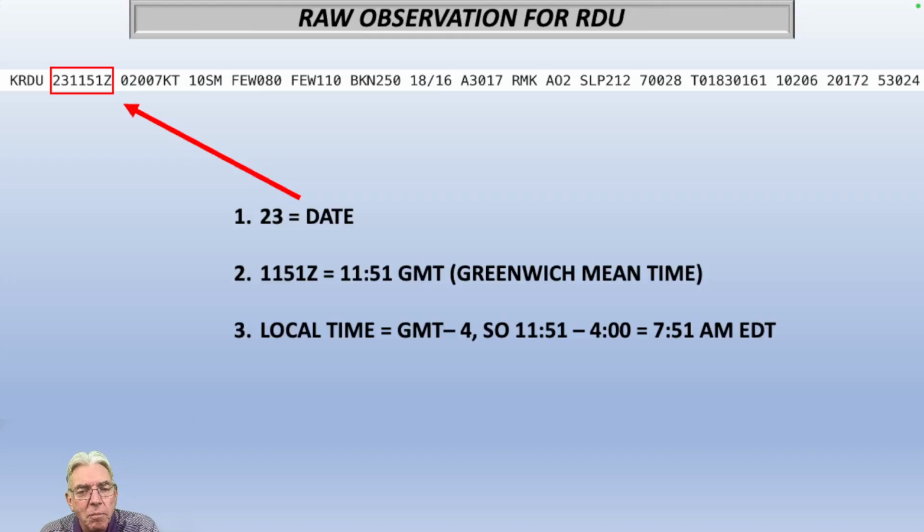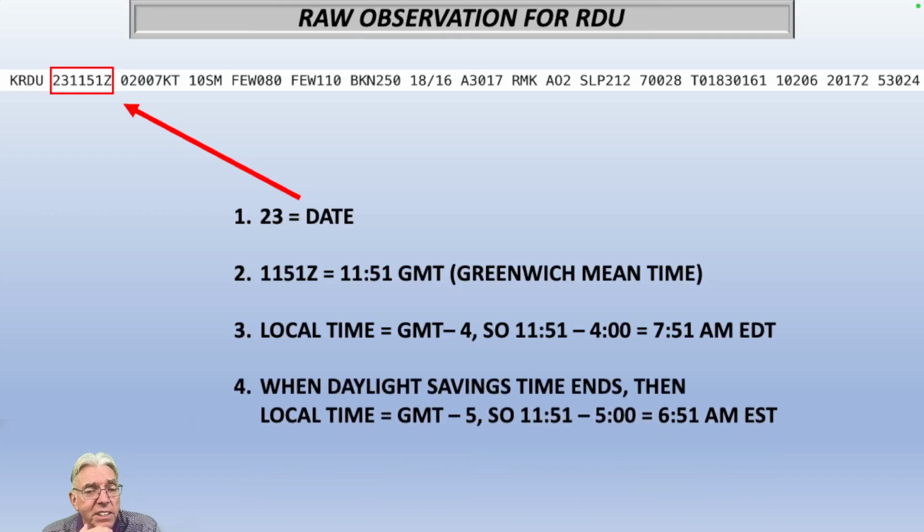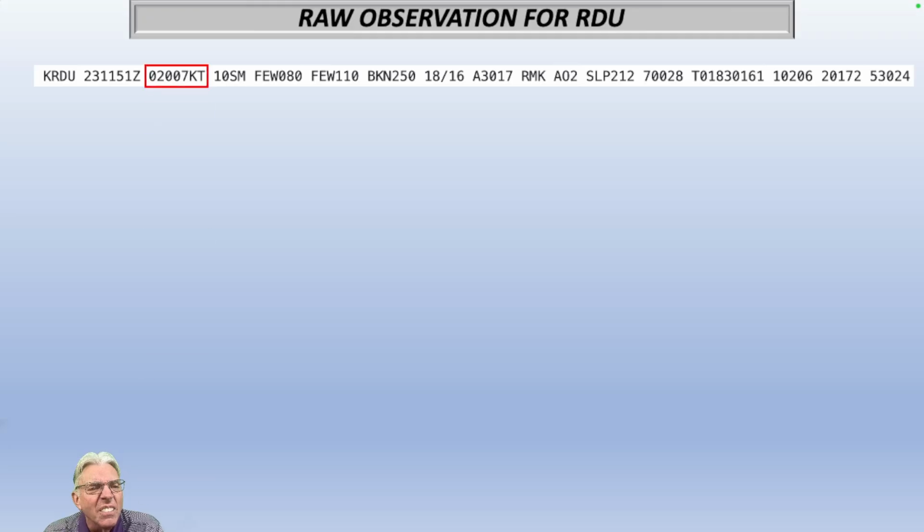So 11:51 minus 4 is 7:51 a.m. Eastern Daylight Time. Now, if daylight saving time was over and we were on standard time, then you would subtract 5 hours. So 11:51 minus 5 would be 6:51 a.m. Eastern Standard Time.